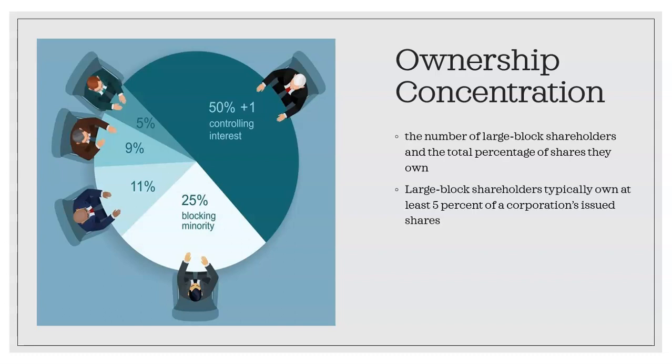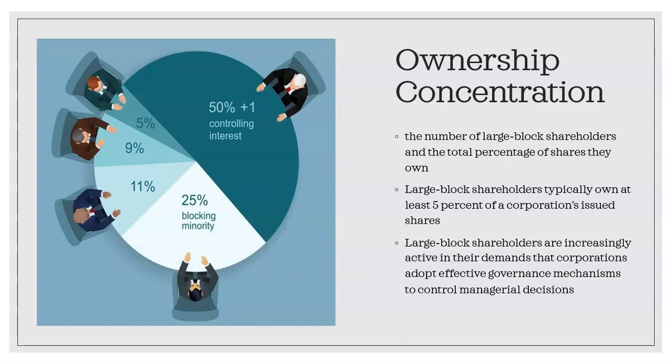But large block shareholders are persons that own at least 5% of the corporation's issued shares. Even though that sounds like a small amount, it actually is not. Large block shareholders are increasingly active in their demands that corporations adopt effective governance mechanisms to control managerial decisions.